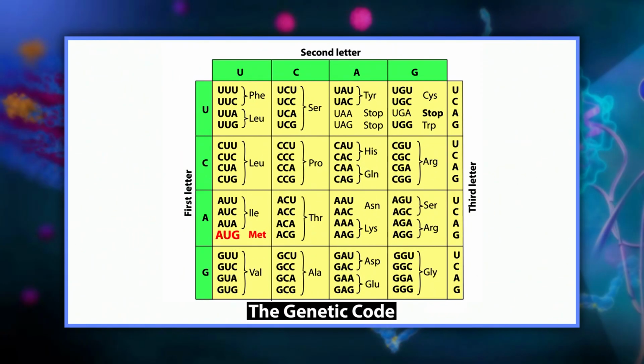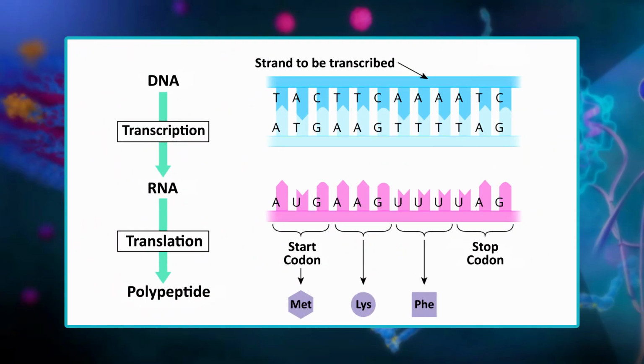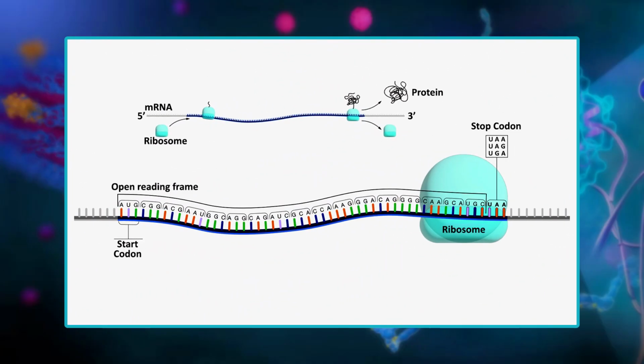There are 61 codons for amino acids, and each of them is read to specify a certain amino acid out of the 20 commonly found in proteins. The codon AUG specifies the amino acid methionine and also acts as a start codon to signal the start of protein construction or synthesis. There are 3 more codons that do not specify amino acids.